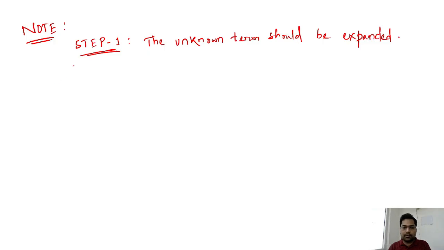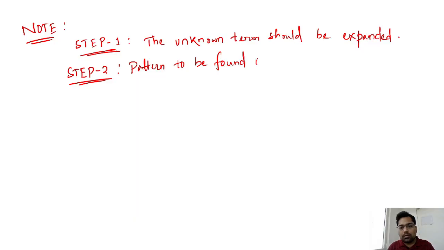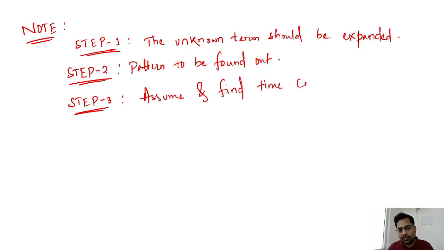We have to expand that one, and then we have to find the pattern. Once you find the pattern, the next step is to assume and solve, and find the time complexity. This is how the steps we are following.